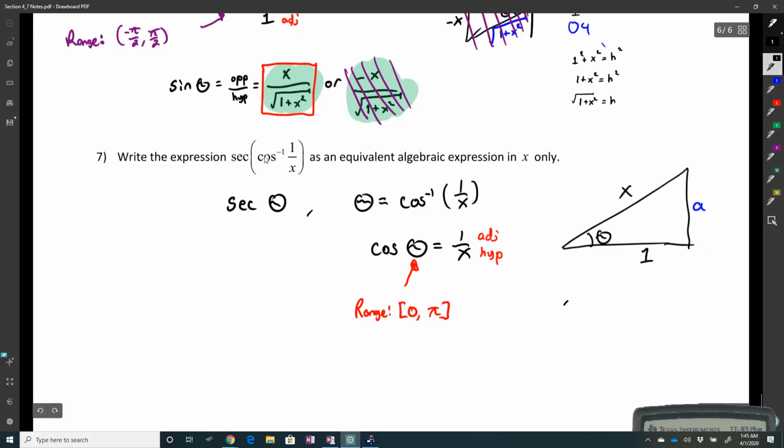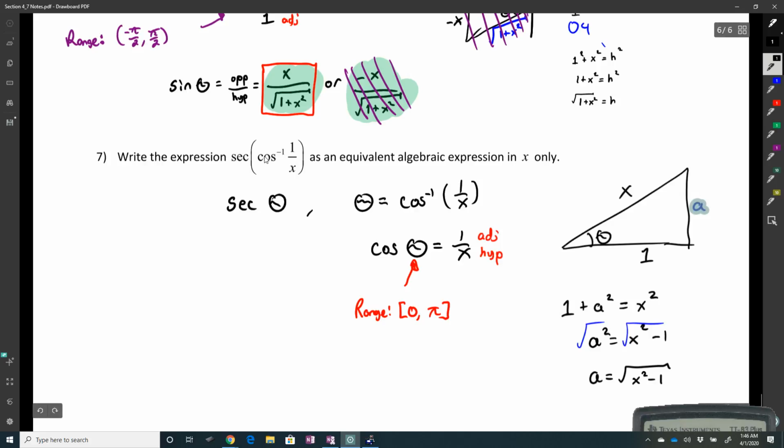Now we can find this missing side. So here I have 1 squared, which is just 1, plus a squared equals x squared. Subtract the 1. And then take the square root. When you take a square root, a square root cannot distribute over addition or subtraction. That is very illegal. So I get a is equal to just the square root of x squared minus 1.